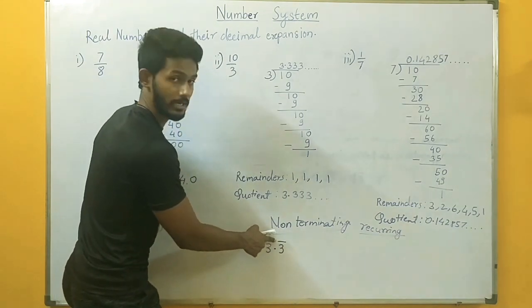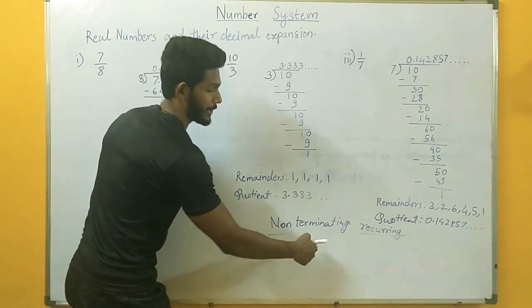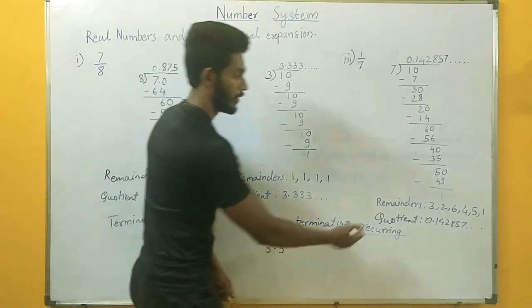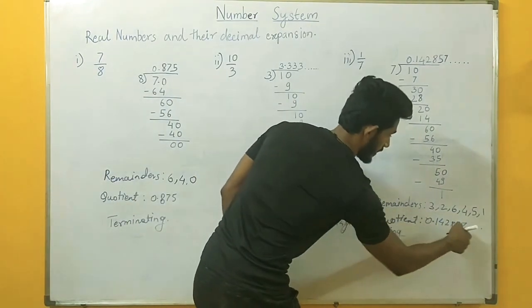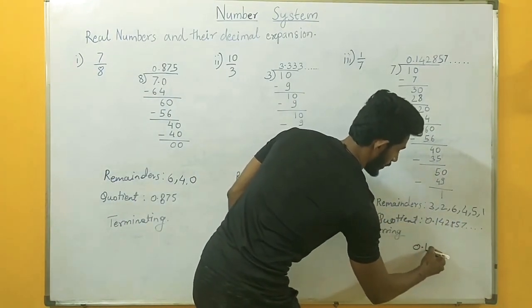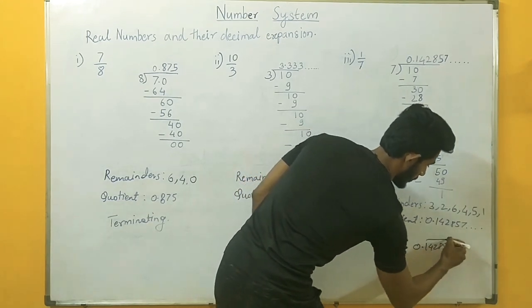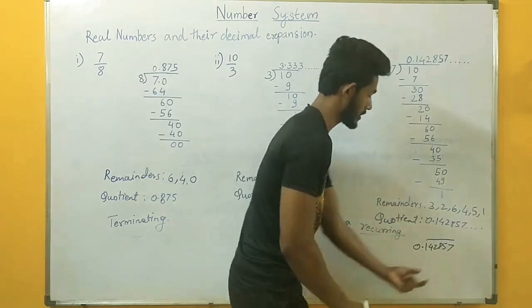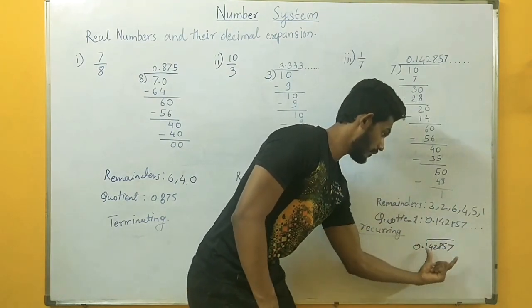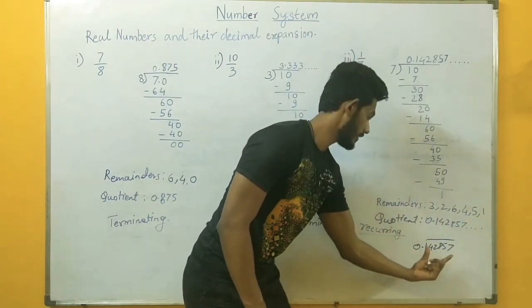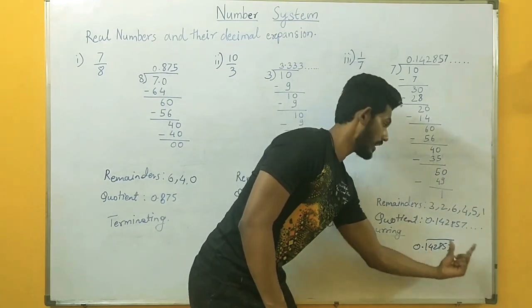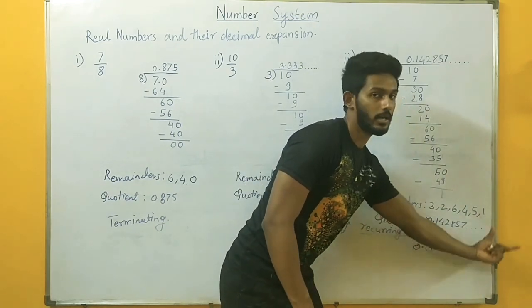So this bar denotes that 3 is repeated over and over again. Over here in this case we can write this quotient as 0.142857 with a bar from 1 to 7, because this bar tells us that these blocks of digits are going to repeat again.